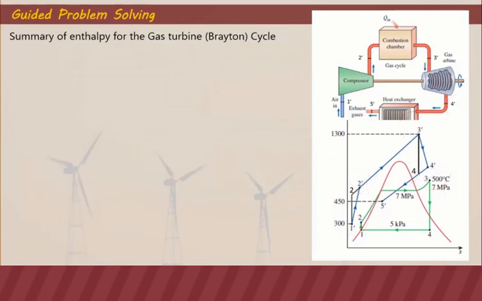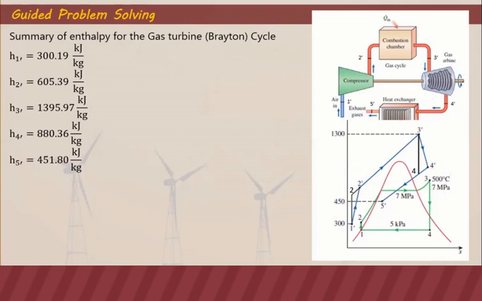Now that we already have the enthalpies, we summarize all of them. We have H1 prime, H2 prime, H3 prime, H4 prime, and H5 prime. As you can see, the greatest should be H3 prime because this is the exit after the addition of heat. So we can first determine the power input in the combustion chamber, and that is our Q in.